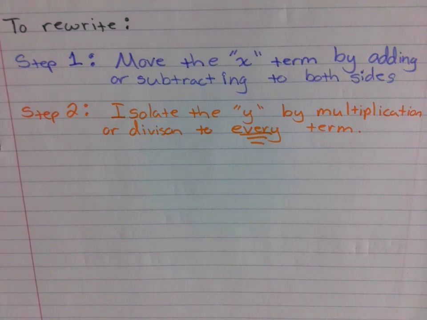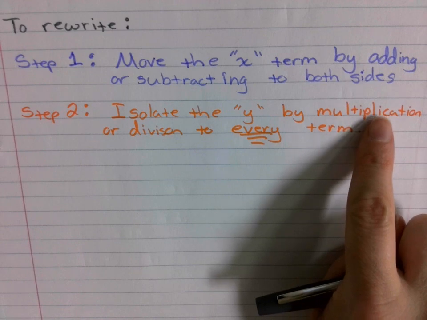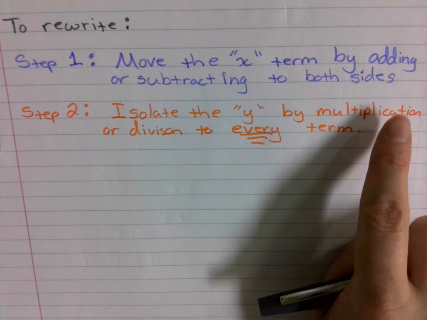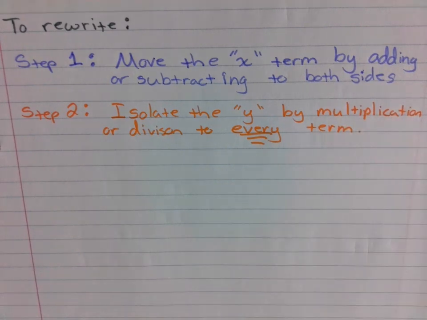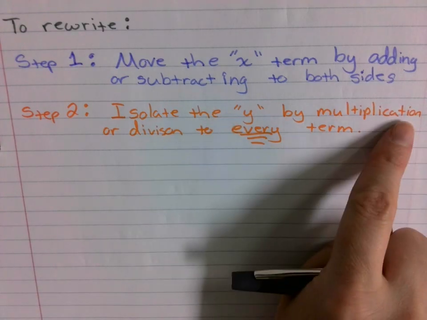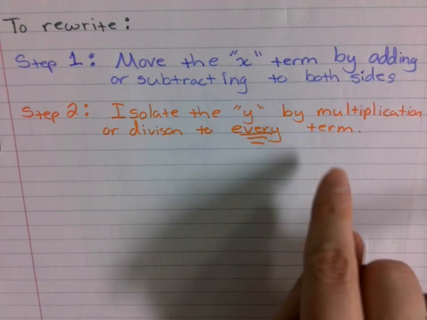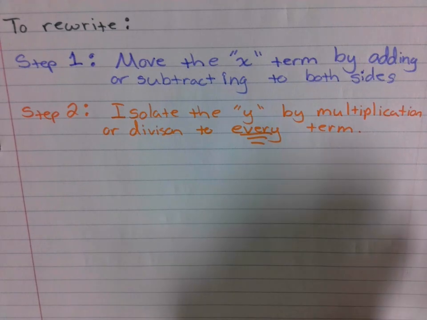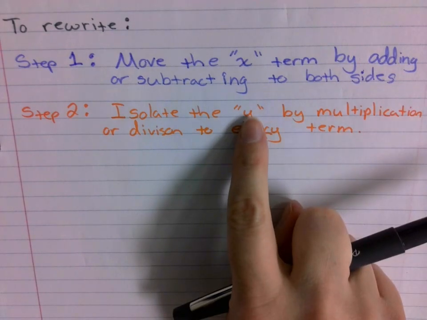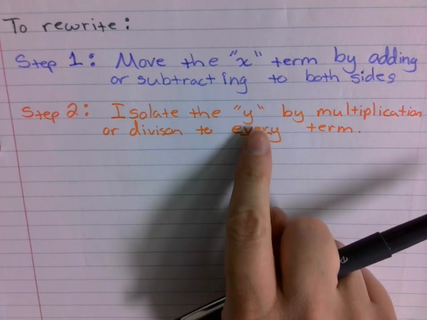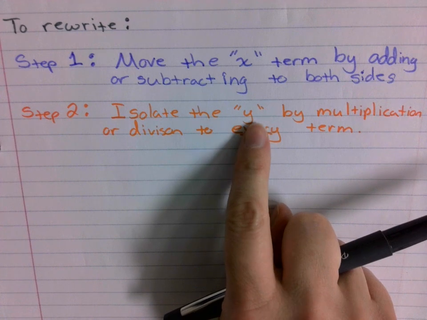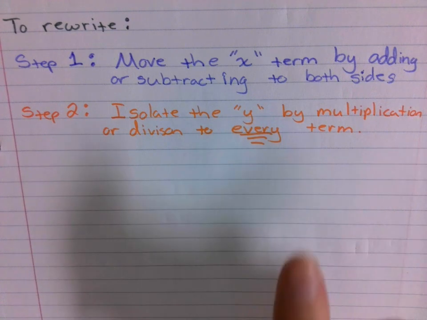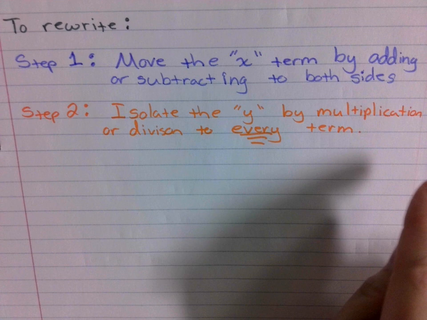Now, the only time that we actually multiply is if y is being divided by something, then obviously we multiply by what it's being divided by. Or if the coefficient for y happens to be a fraction, then you are really multiplying everything by the reciprocal of that fraction.